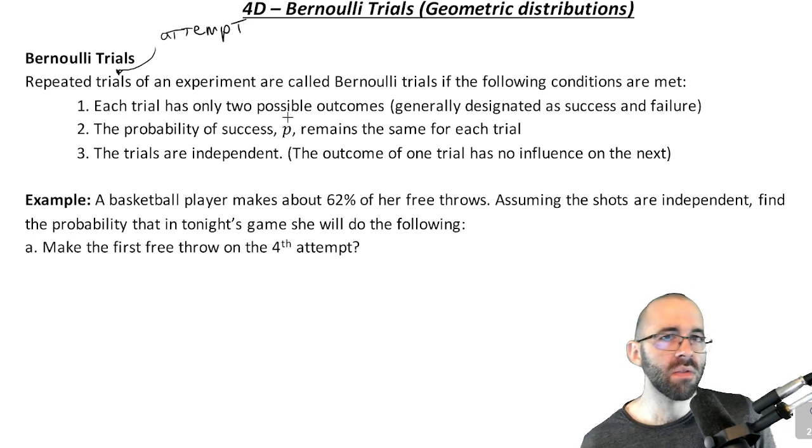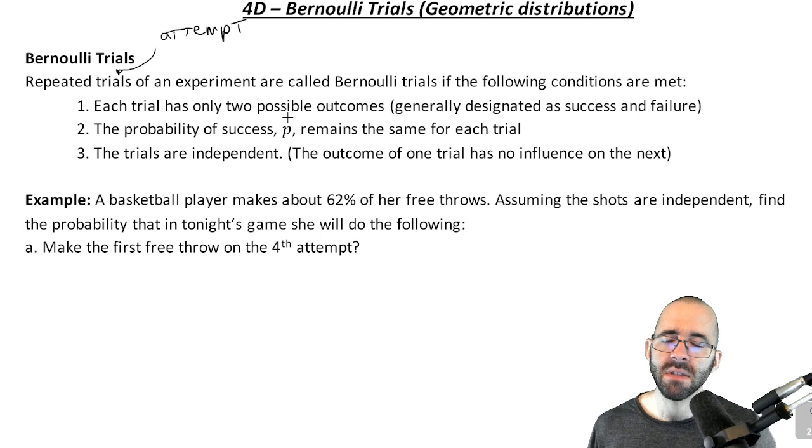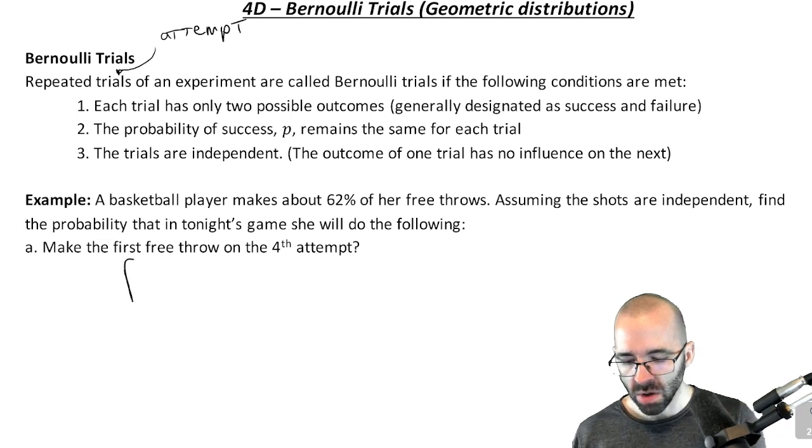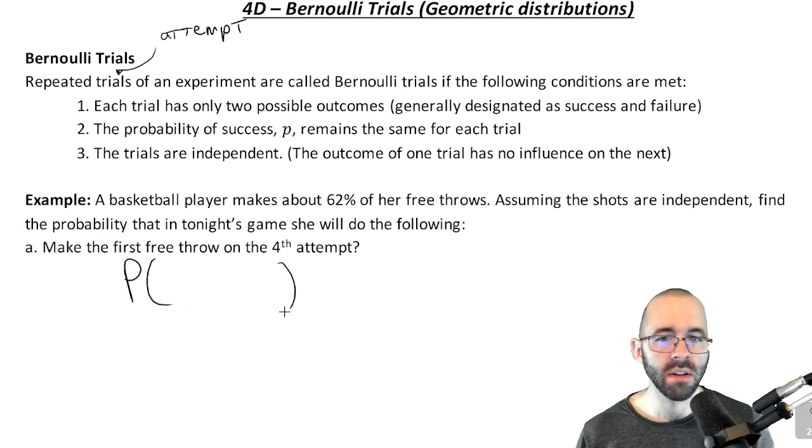So let's step away from random variables for a second and just think about this kind of intuitively. She makes 62% of her free throws. What's the probability that her first free throw success is on the 4th attempt? Well, what has to happen for this to be the case?